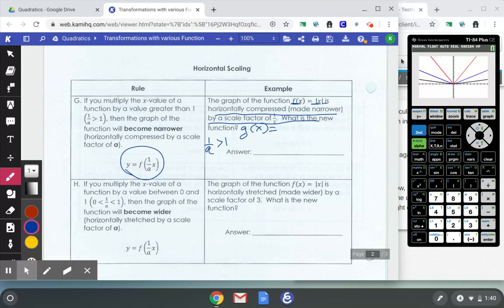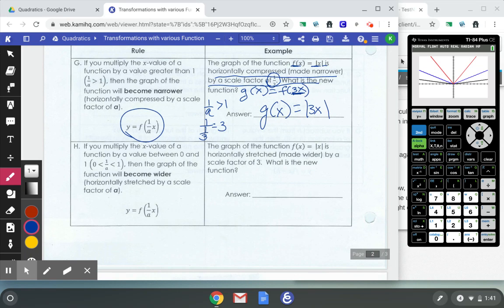So in this case, it's saying my a is 1/3. So this actually means 1 over 1/3, which equals 3. So this is saying the function f of 3x. So g of x equals, in this case, I'm using the absolute value of x, but I'm putting in 3x, and that's how I get skinnier.